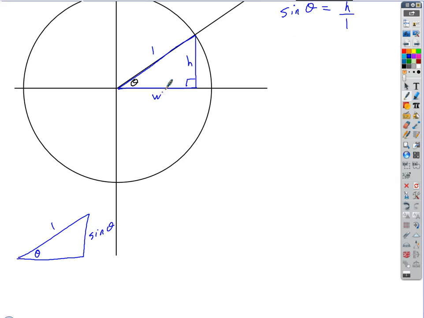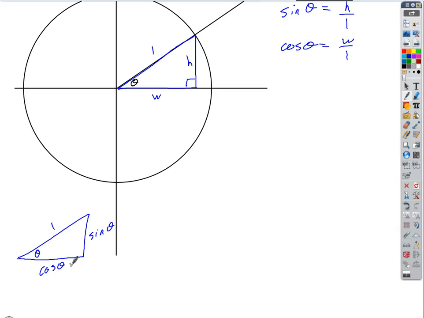Cosine, equals adjacent over hypotenuse, equals width over 1. So that's really just equal to cosine theta, isn't it? Everybody agree? Okay. Special kind of triangle. What is this? It's tangent theta, right?